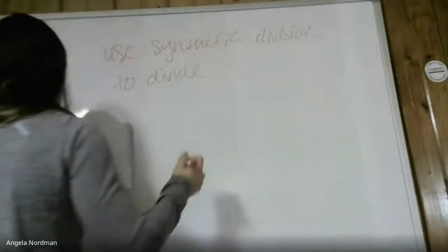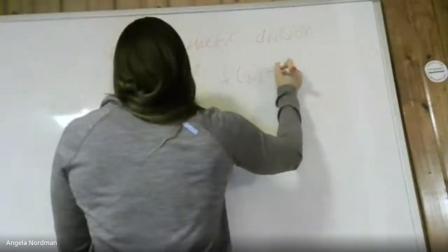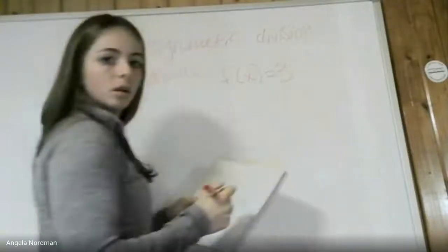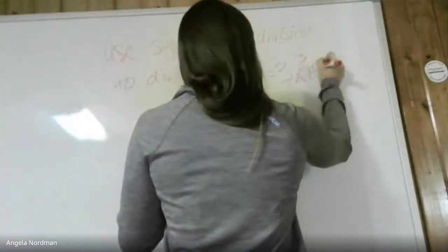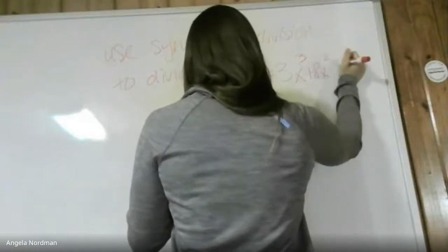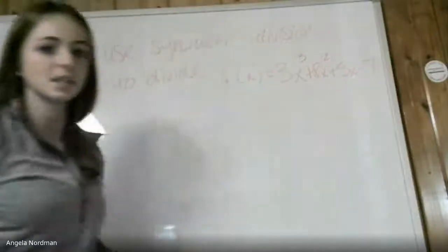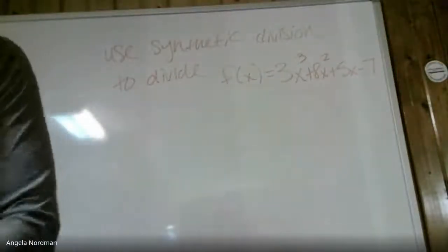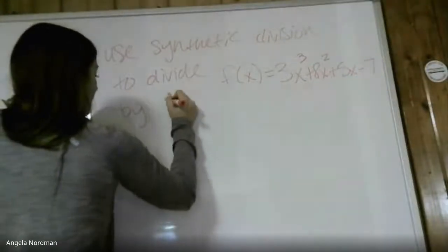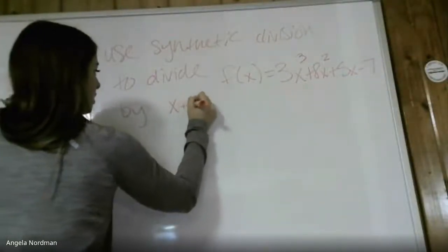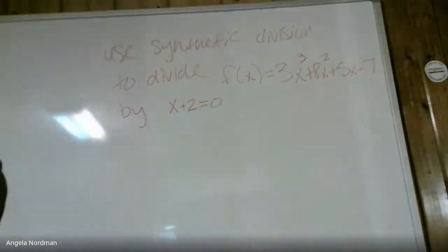We're going to use synthetic division to divide f of x equals 3x cubed plus 8x squared plus 5x minus 7, and we're going to divide that by x plus 2 equals 0.